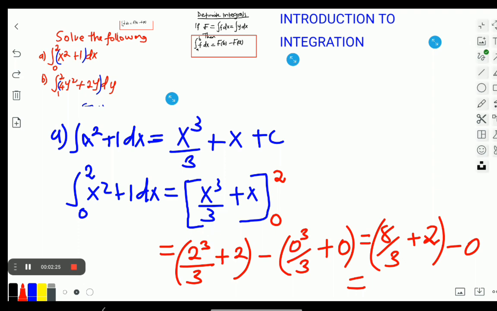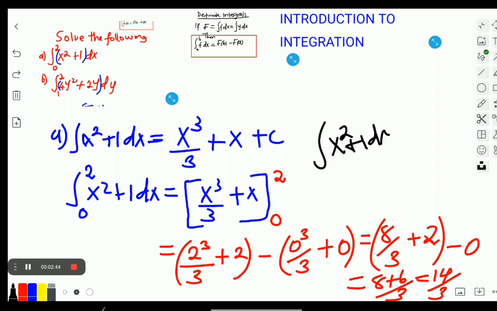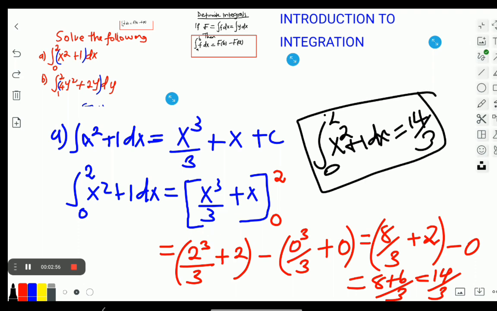If you put this on the calculator, we get 8 plus 6 over 3, and the whole thing will be 14 out of 3. Therefore the integral of x squared plus 1 with respect to x, from 0 to 2, is equal to 14 divided by 3. So that's how we apply the limits.